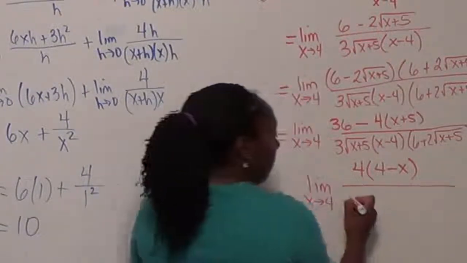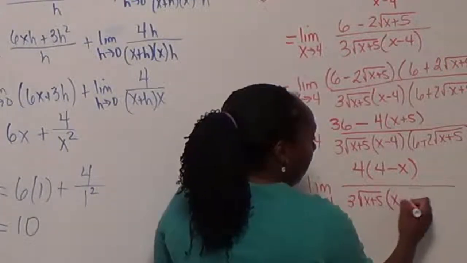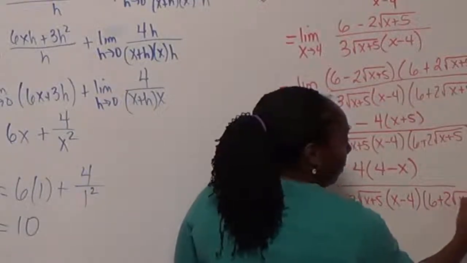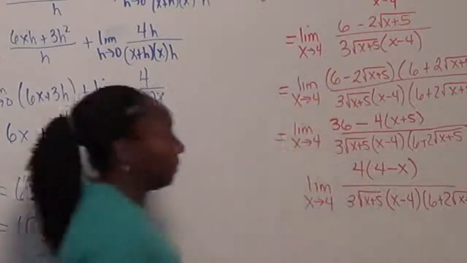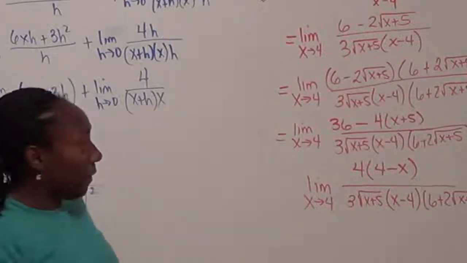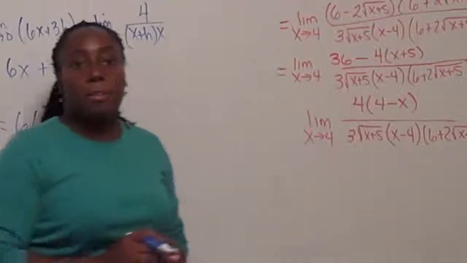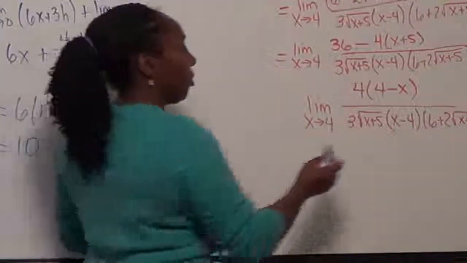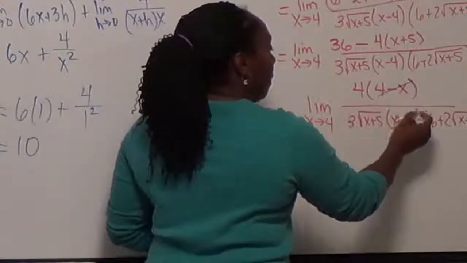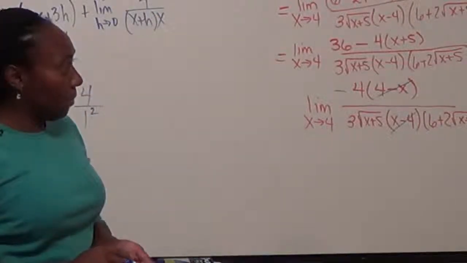And then on the bottom, again, I have these roots and other terms. And at this point, you should notice that x minus 4, which is the problem piece, I can cancel out. There's a sign change, meaning 4 minus x and x minus 4, but aside from that, I can cancel those out.